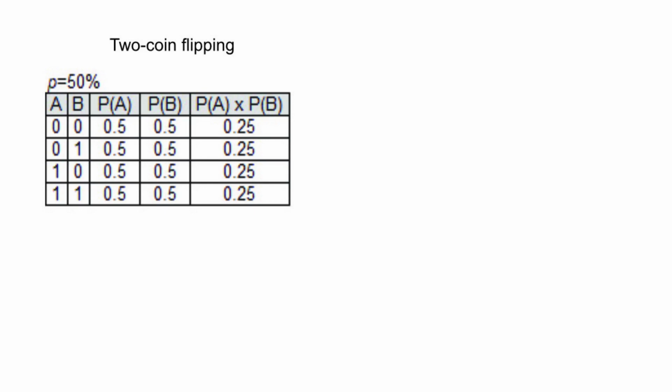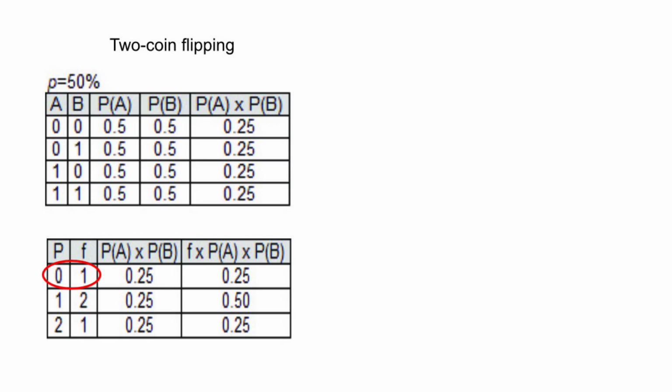If you flip a coin, there is a 50-50 chance of head or tail. If we flip 2 coins, the probability is distributed evenly. Recap, there is 1 chance of no heads, 2 chances of 1 head, and 1 chance of 2 heads. The pool test is different because it's not always 50-50.